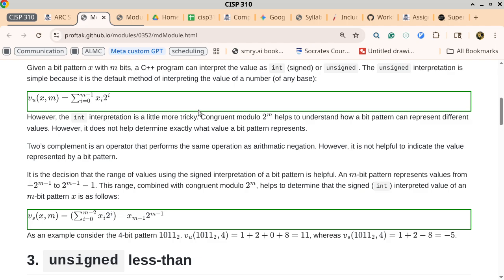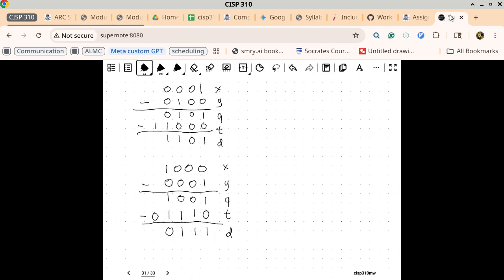If it specifies a 1, we are subtracting the corresponding power of 2 instead of adding that corresponding power of 2. So that's the only difference between VU versus VS. Is that okay? All right. So we're going to apply these to the example that we have been talking about. Let me go back to the tablet and then we'll talk about that.